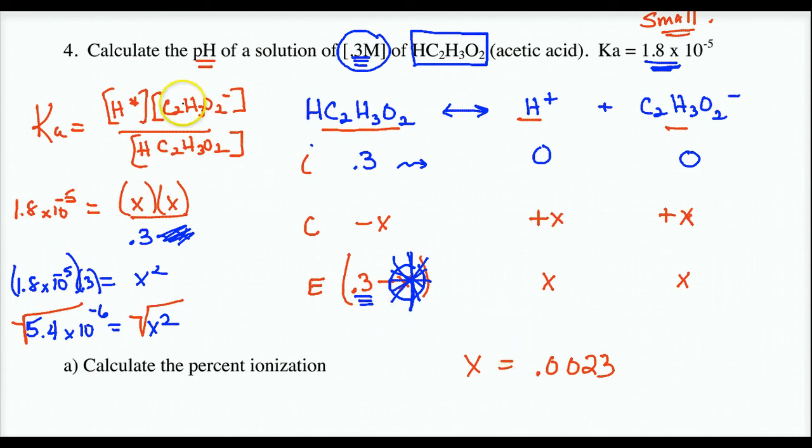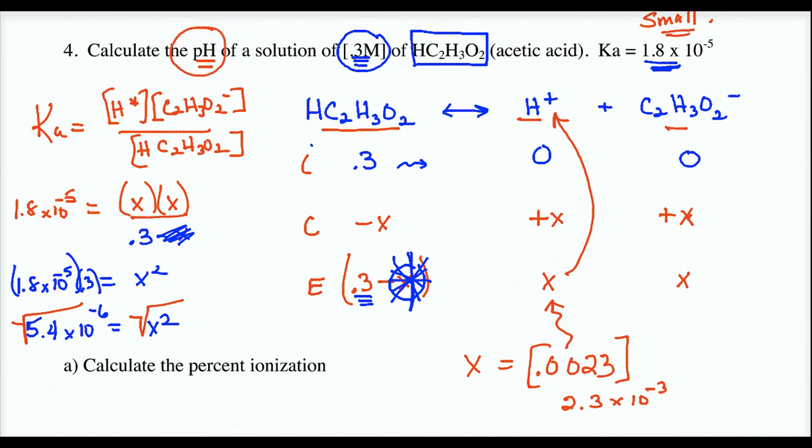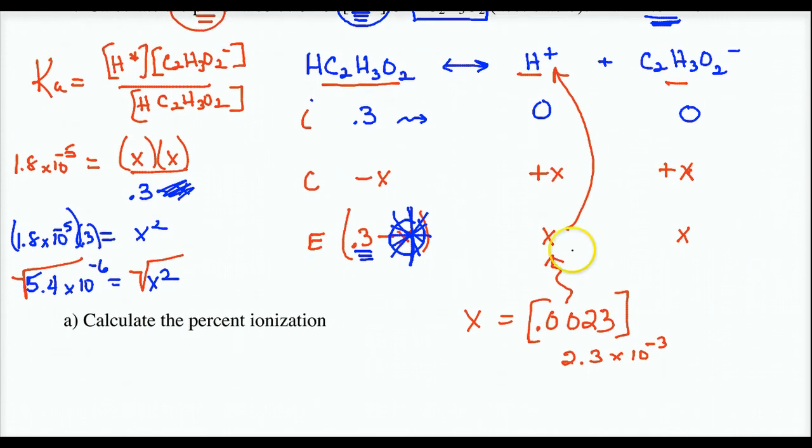So what is the pH? Well, we just found the x to be this value. That is our concentration, 2.3 times 10 to the negative 3. We just found the x, which is the H+. What did the question want? It wanted the pH. Well, now that I just found the H+ ion concentration at equilibrium, to find the pH, I'm just going to do the negative log of it.